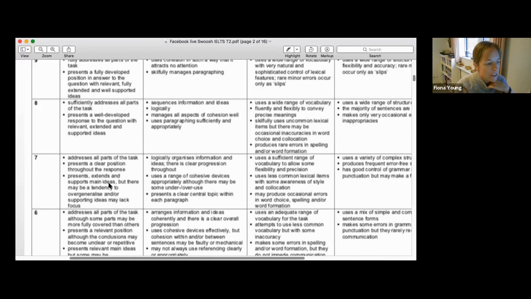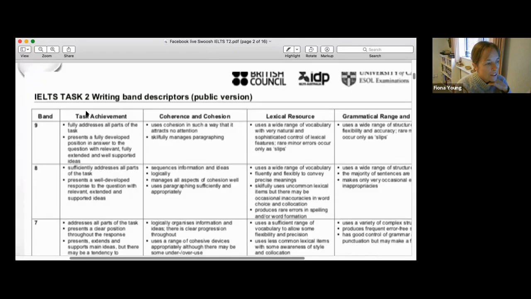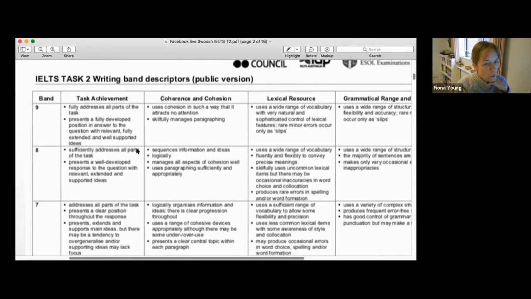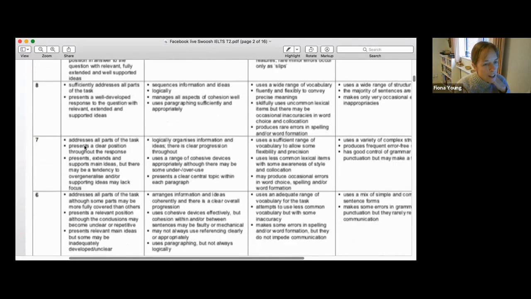So if you look at a 7 here, and this is task achievement, it says addresses all parts of the task, presents a clear opinion throughout the response. Okay, so not just right at the end, but it's clear what your position is throughout the response. Presents, extends, and supports main ideas, but there may be a tendency to overgeneralize, and/or supporting ideas may lack focus.